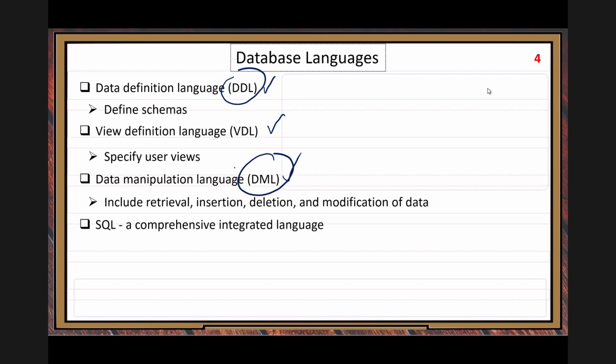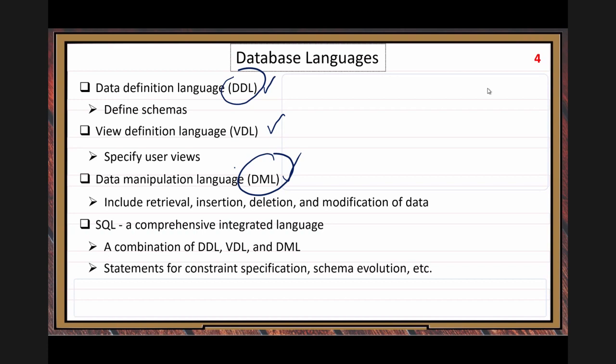DDL, the definition part, is what you see most, so you only need to know what that is. Just for your background. A combination of all three languages, but separation of them is not that important.